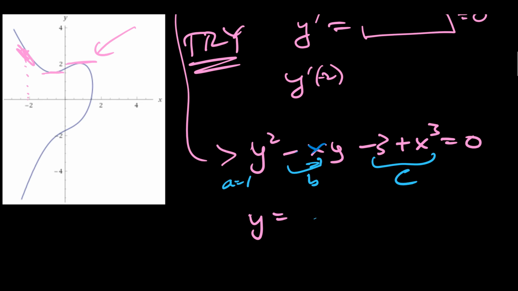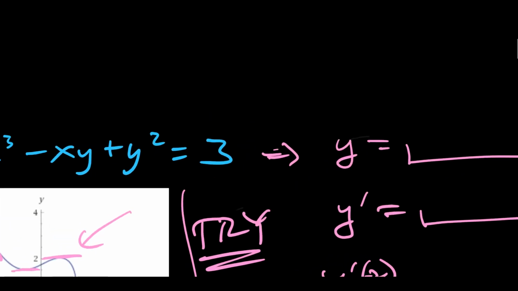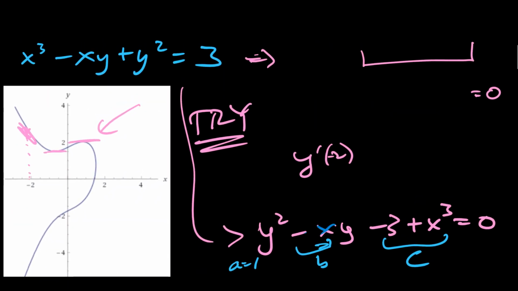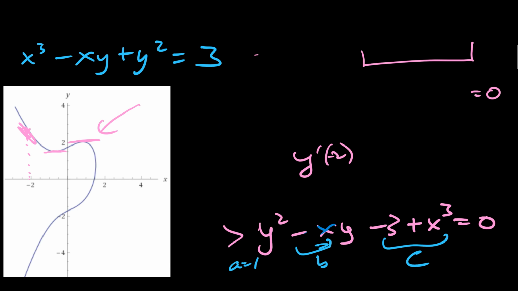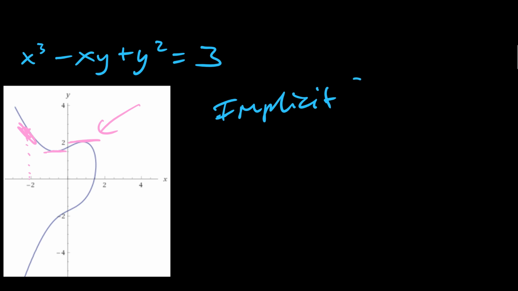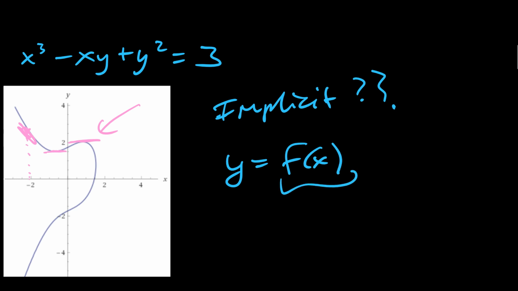So implicit differentiation basically says the following. It says, I still want to find dy dx, but I may not be able to solve for y in terms of x. And so how do you find dy dx anyway? The reason why it's called implicit differentiation is because we're assuming that y is implicitly a function of x, but we either can't find it or it's very difficult to find.